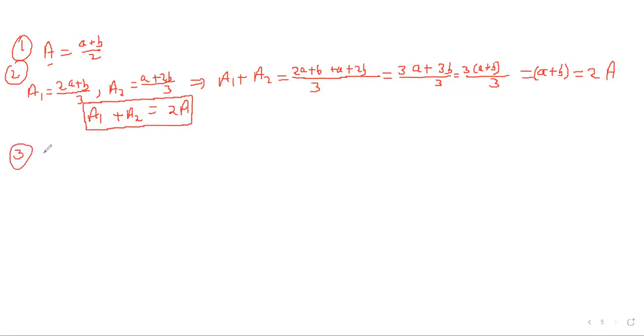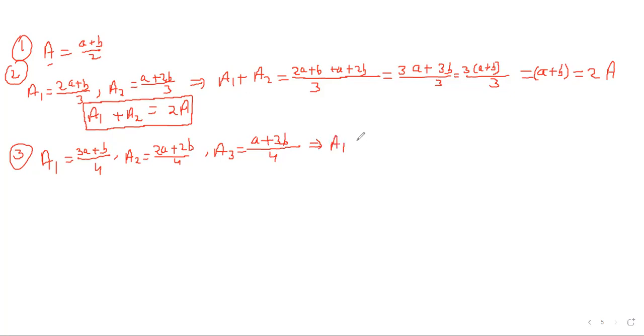Now if we add three arithmetic means, we know that A1, the first AM, is (3A plus B) upon 4. A2, the second AM, is (2A plus 2B) upon 4. A3, the third AM, is (A plus 3B) upon 4.